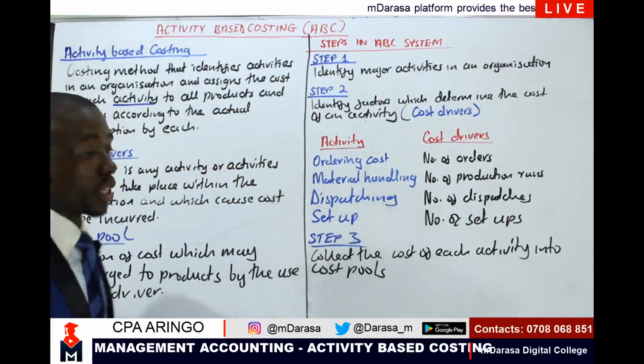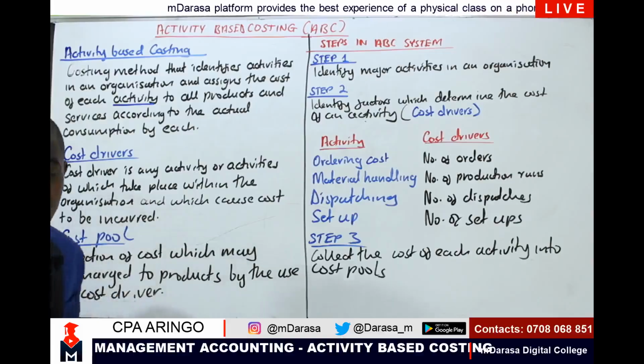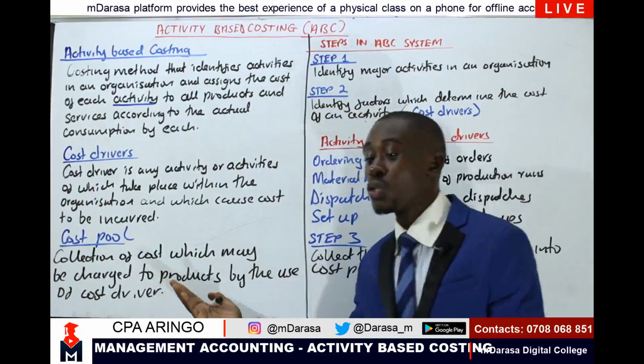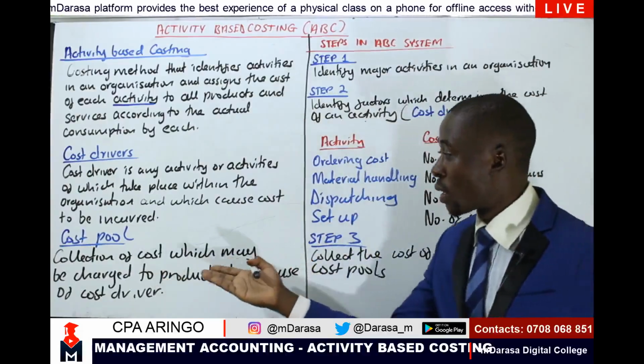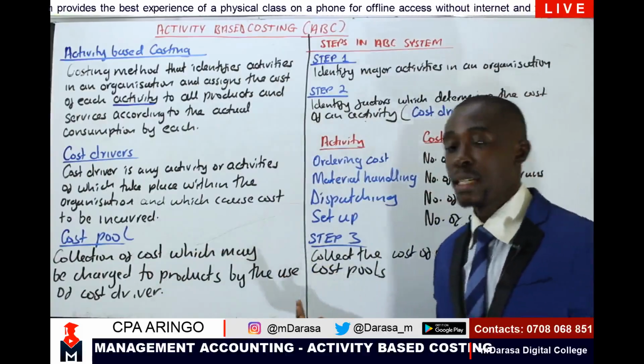Remember, we had talked about the cost pool, whereby we noted that a cost pool is a collection of costs which may be charged to products by the use of a cost driver. That's why it was very key for us to look at these items even before we looked at the steps.